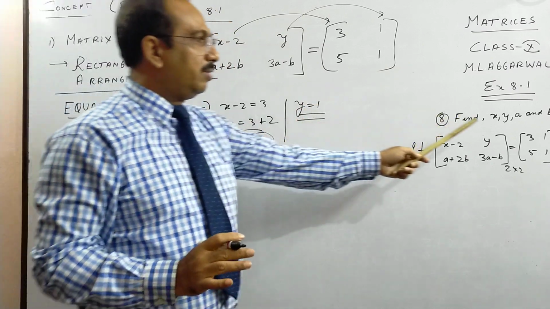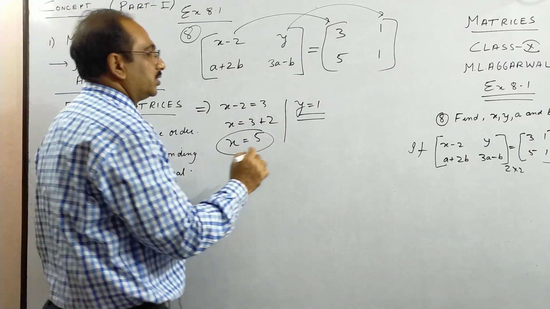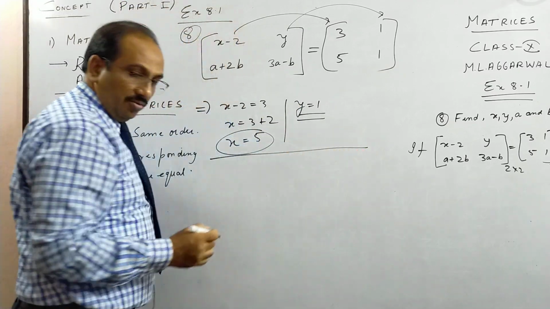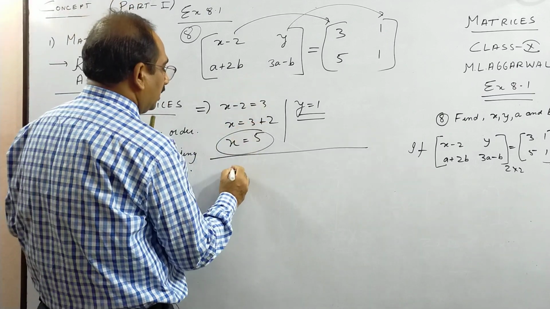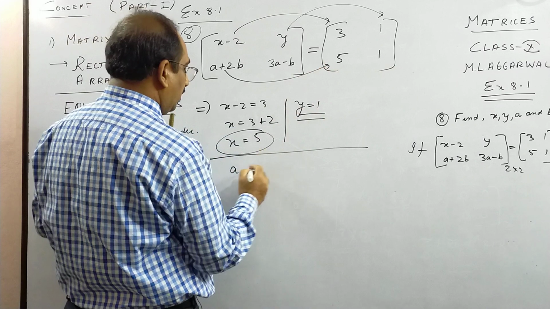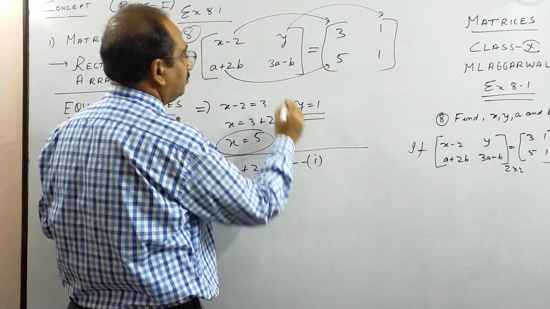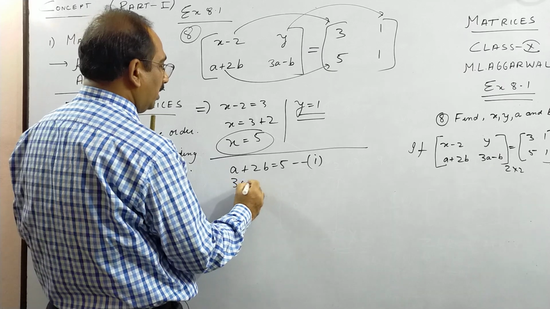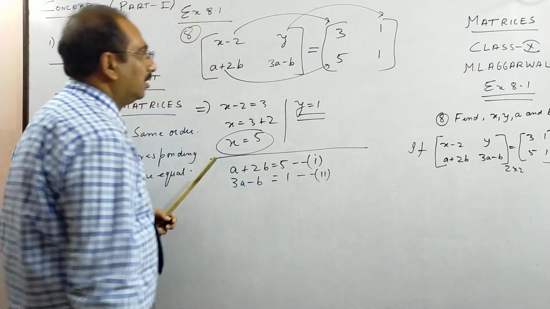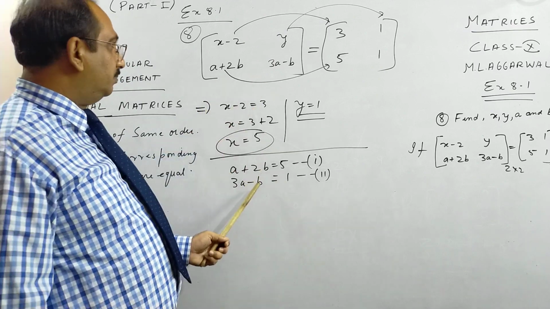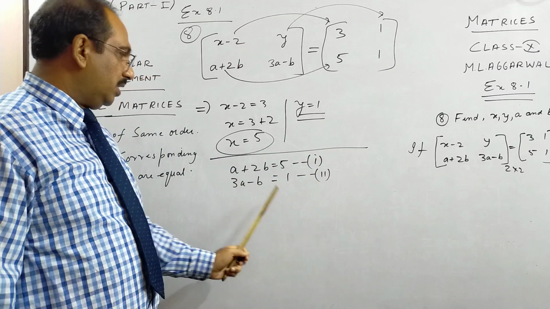But to get a and b, children, we have simultaneous equations. So see how we go about it. a plus 2b is 5. 3a minus b is 1.